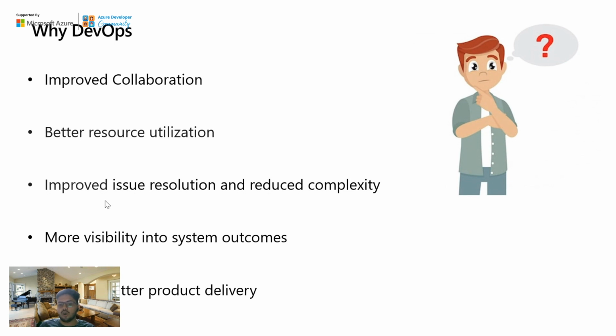And having more visibility and system outcomes also helps us in faster and better product delivery. So basically, this is an approach which enhances the complete flow right from the project planning.